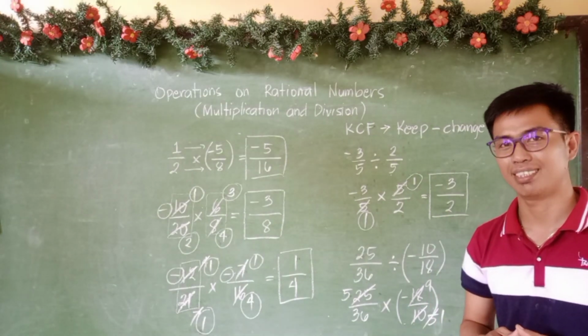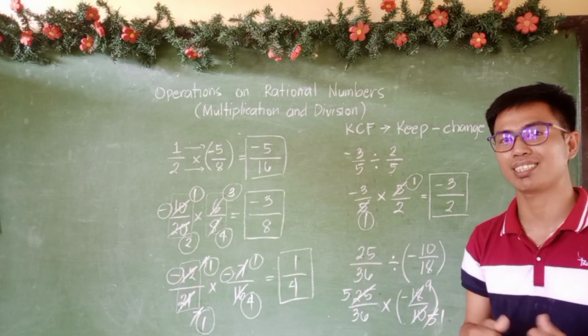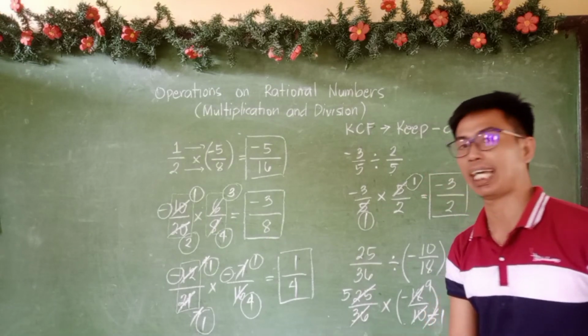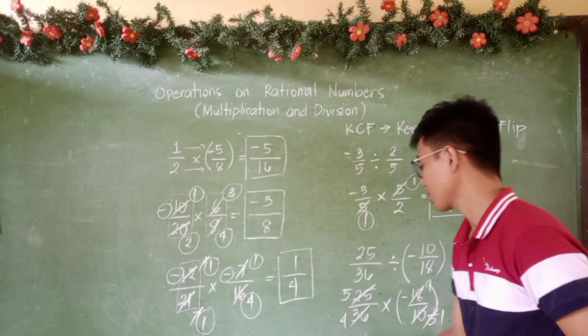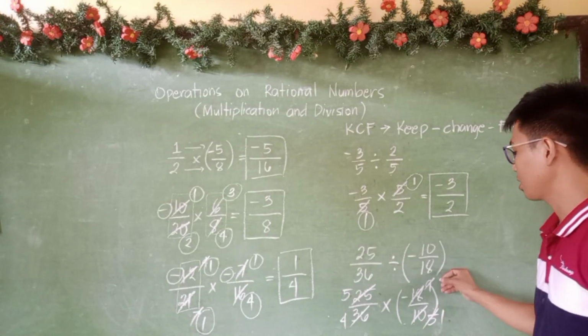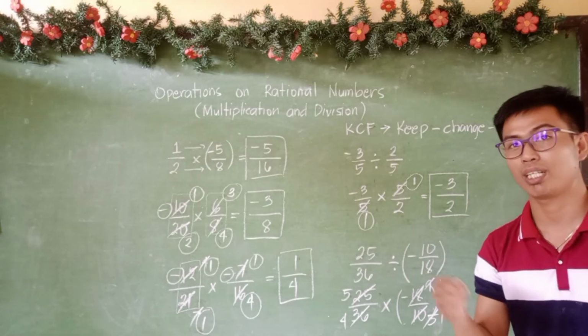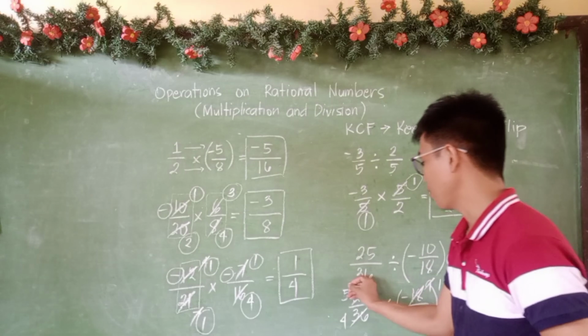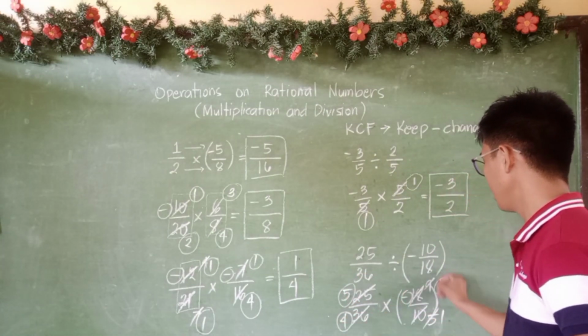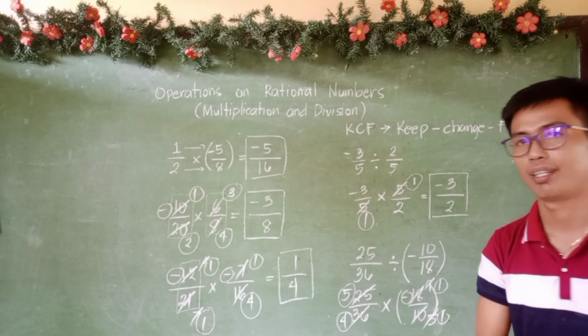That is 9. So, pwede natin i-divide yung 9 and 36 sa 9. So, 36 divided by 9, that is 4. And 9 divided by 9, that is 1. So, bilugan na natin yung mga natira. So, 5, 4, negative 1, and 1.